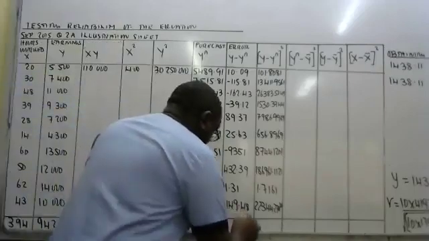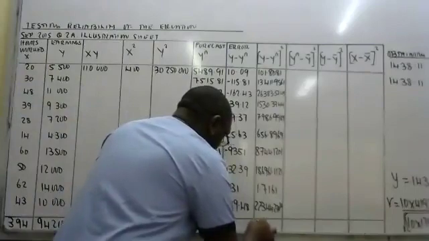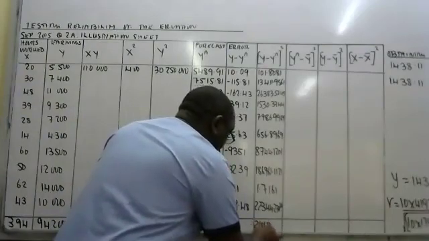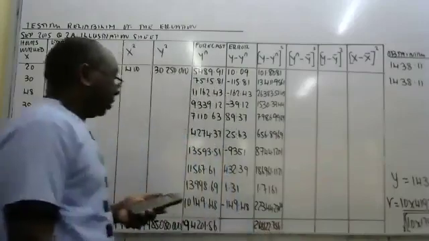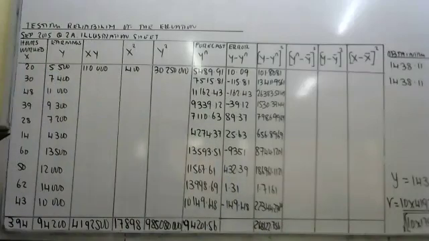So I'm getting 268,122.756. If you get a different figure from mine, check your work.